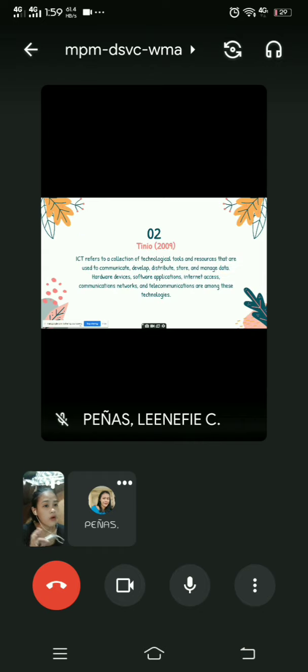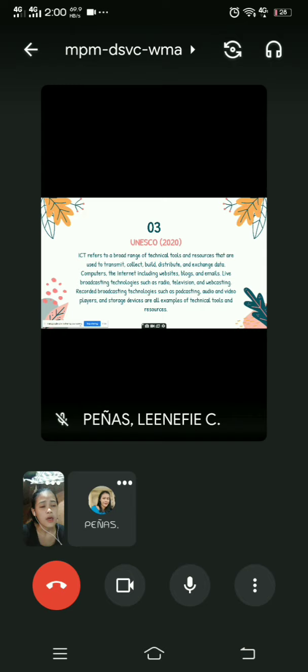According to TINU 2009, ICT is a collection of technological tools and resources that are used to communicate, develop, distribute, store, and manage data. According to UNESCO 2020, same as TINU, it refers to a broad range of technical tools for transmitting, collecting, building, distributing, and exchanging data.